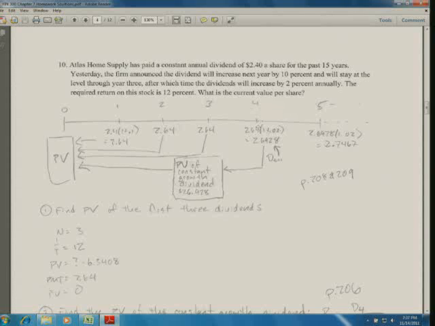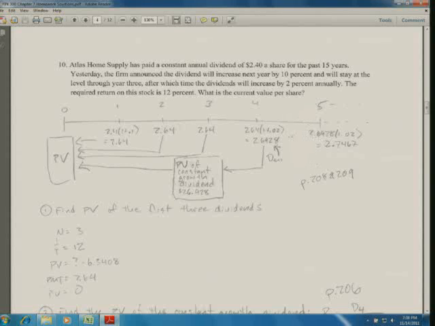So in year 4, we have a little bit of a change here. We take that 2.64 that we received at the end of year 3 times 1 plus our growth rate of 0.02. So 2.64 times 1.02 is 2.6928. That's the dividend we expect to receive at the end of year 4.